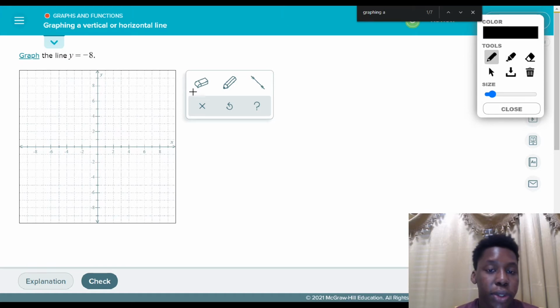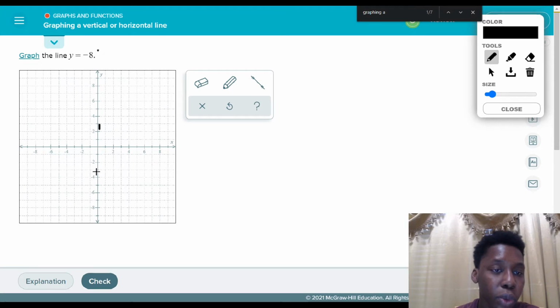We're asked to graph the line y equals -8. When we want to graph this kind of question, I want to look at the graph and identify what position we're being asked to find. We're asked to find y, which is this y-axis, this vertical line.